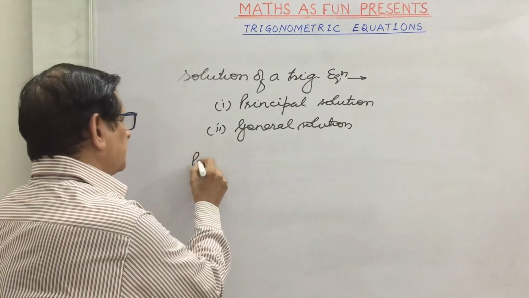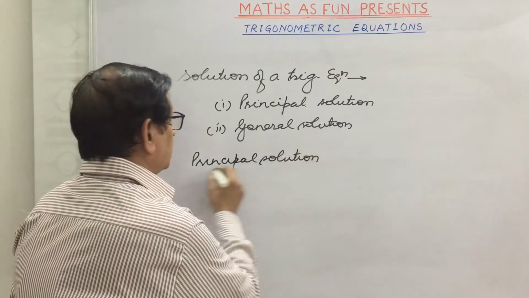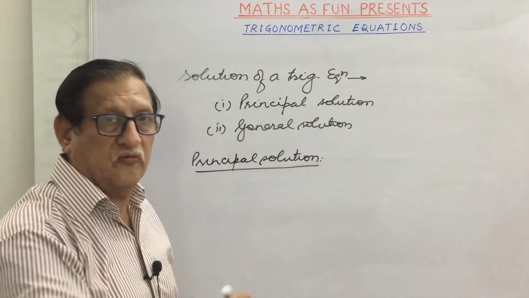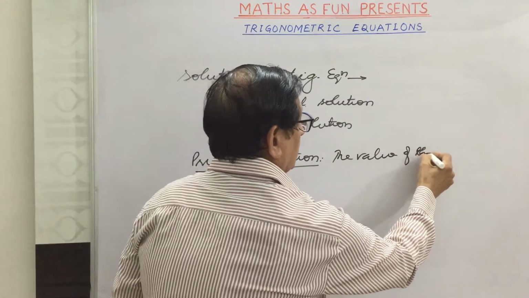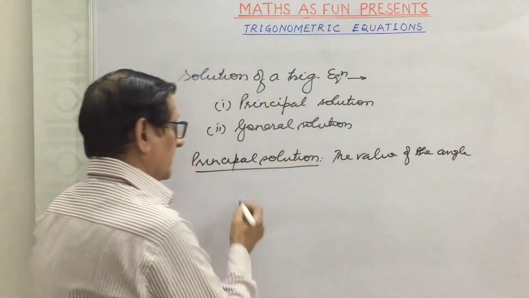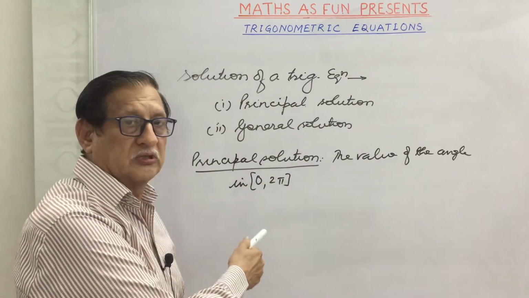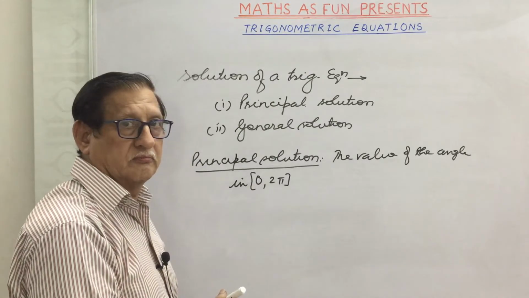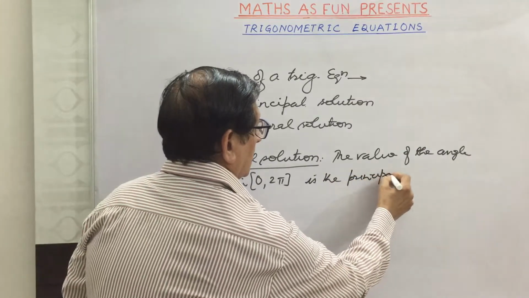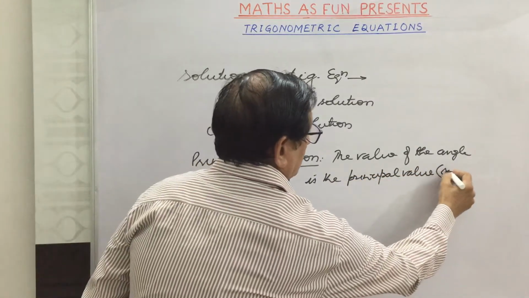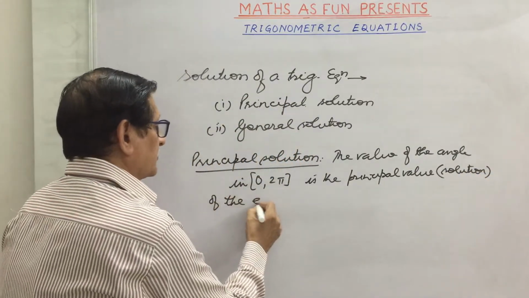When we talk about the principal solution or principal value, we say the value of the angle in the interval 0 to 2 pi, closed interval, that is 0 and 2 pi also included, is the principal value or solution of the equation.